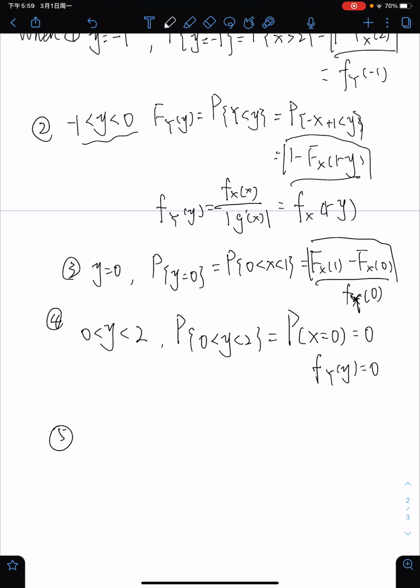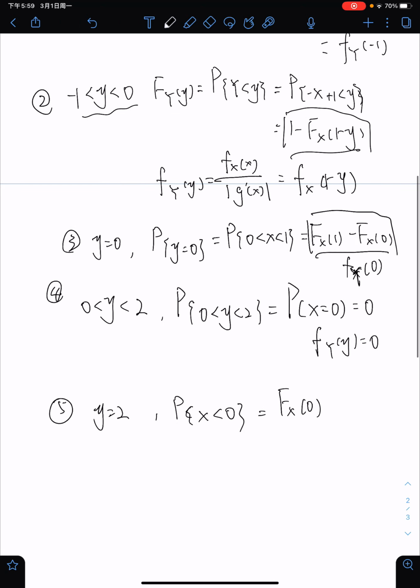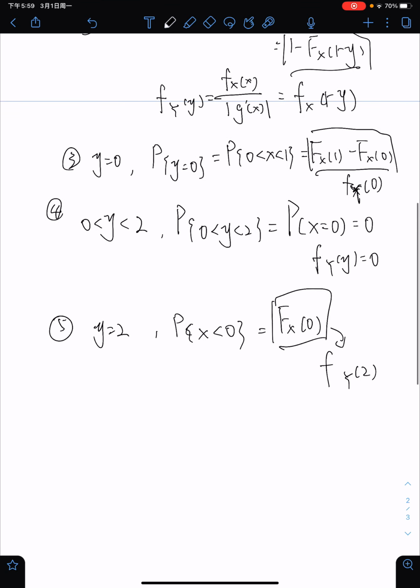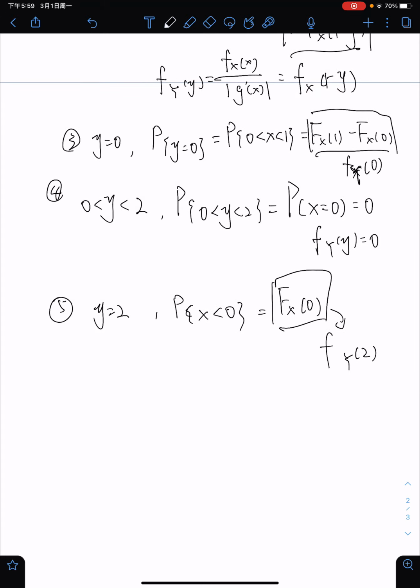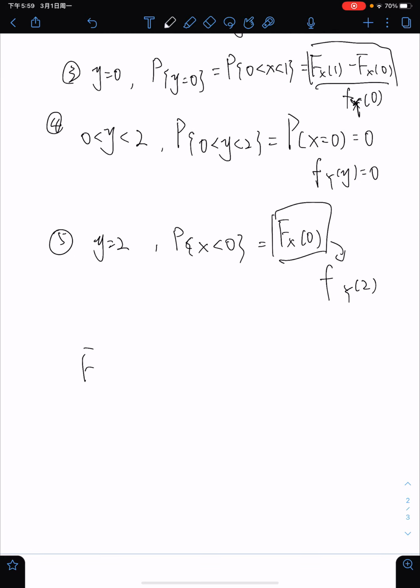And next part, y equals 2. This is the probability of x less than 0. Here, this is the density function of y at 2. So we can just write them together. Okay, I will write it.